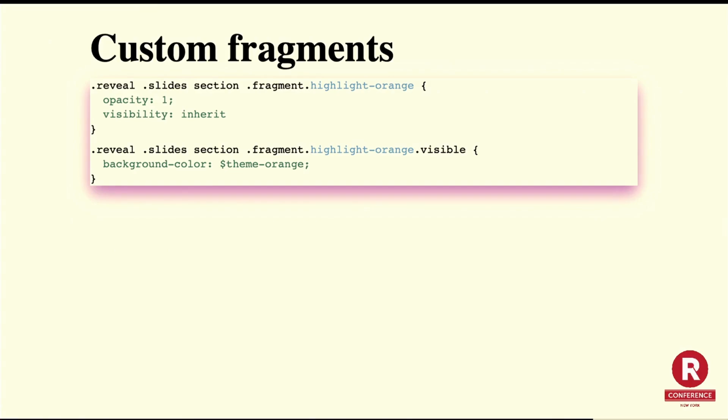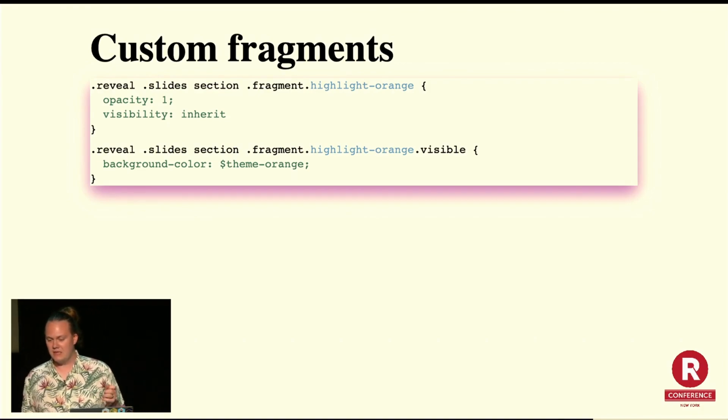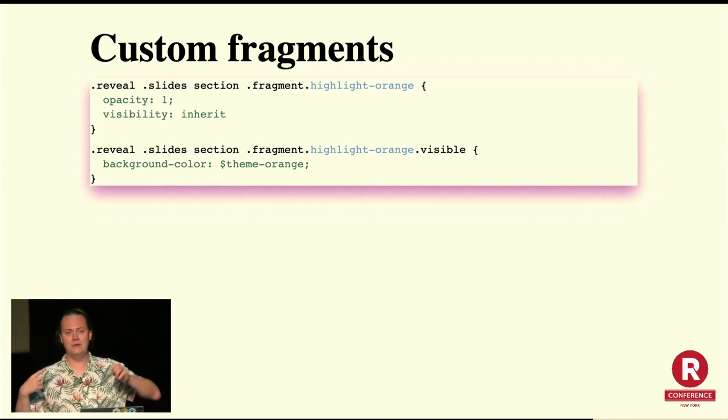But we can also create our own fragments. There are about 20 built-in ones, but we might want to do something a little bit more fun. So this is the template of how it works. You just copy this in and change the blue part to the name of what you want to call your fragment. And then you fill in the blanks.